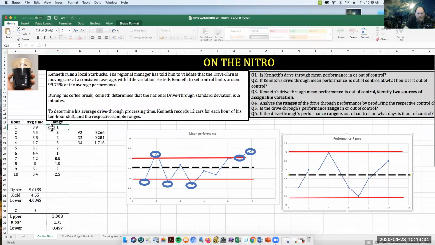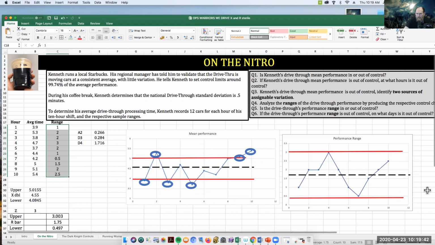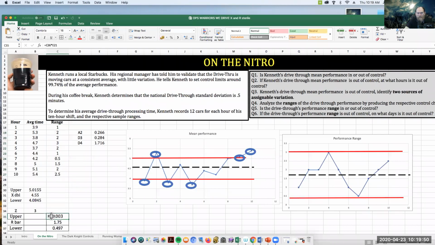So if I look at these points here, and again, this looks like it's in control all the way down the line, pun intended. But I also want to double check and say, okay, my upper limit is 3.003. Do I have any values greater than that?